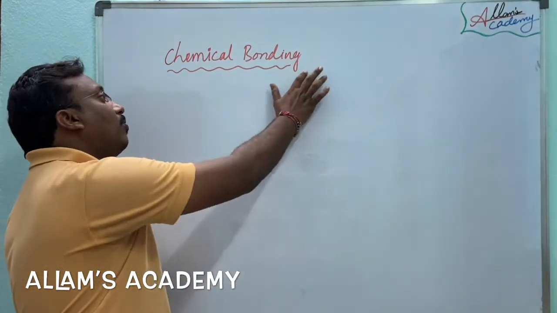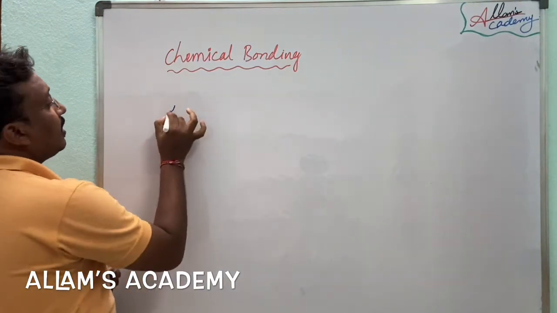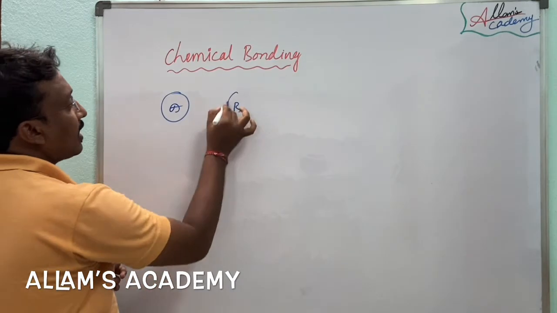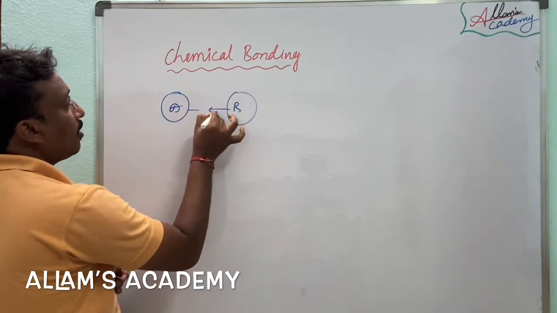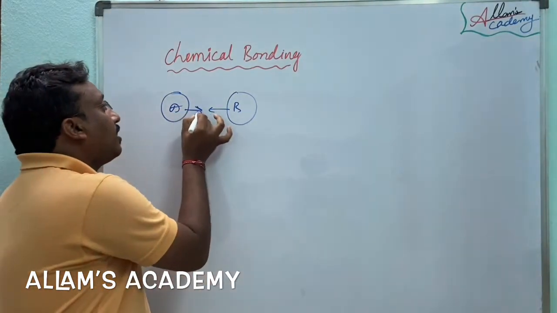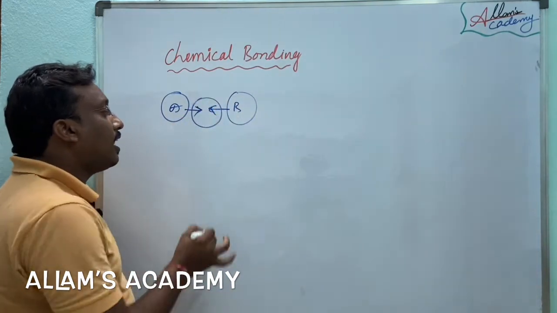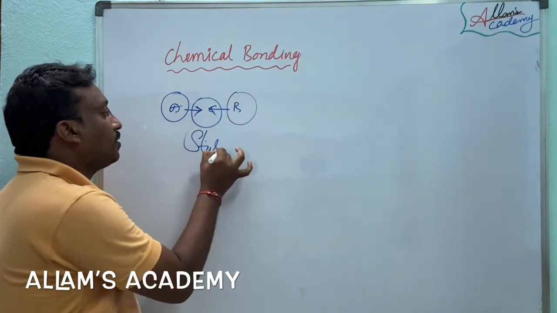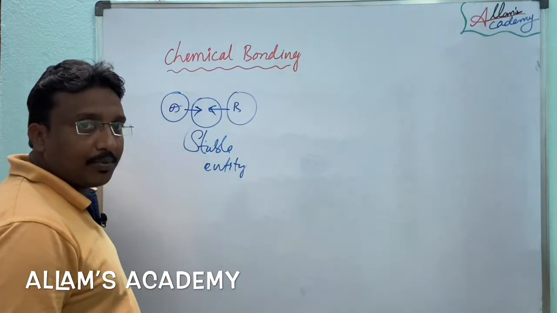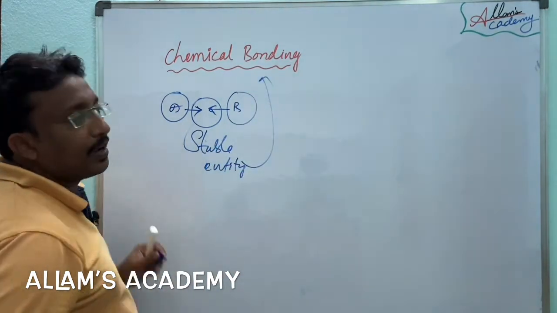For example, the force of attraction between atom A and atom B, or a group of atoms, results in stability. It results in a stable entity. That is called chemical bonding.